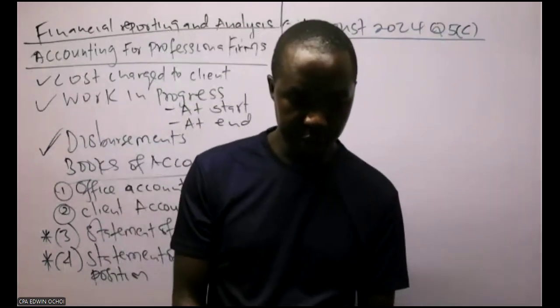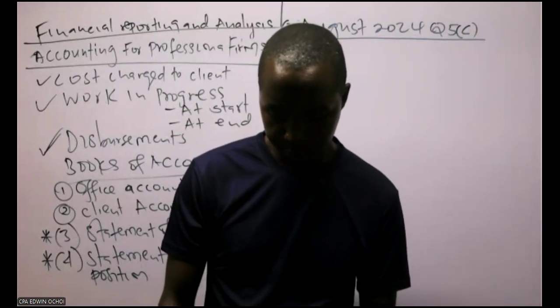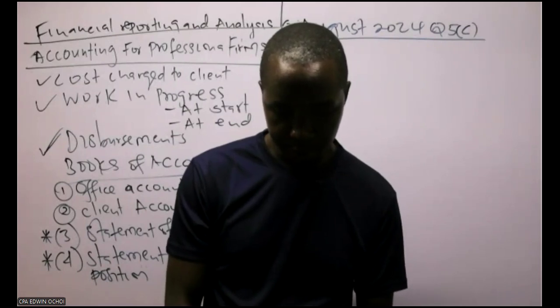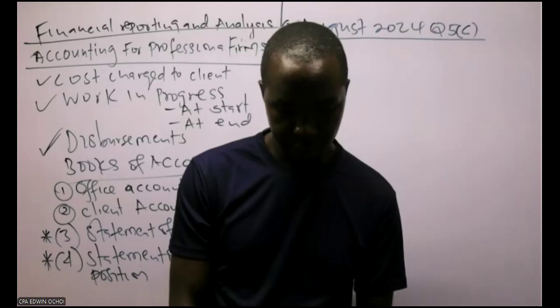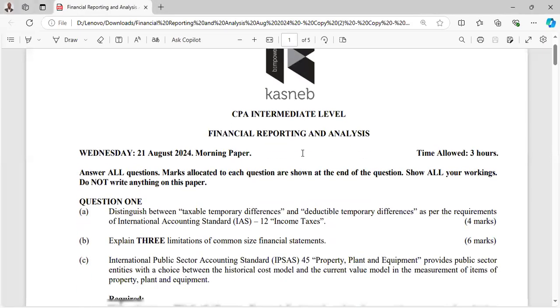Already you have the question. I shared it today morning, so I don't have to share it again. I remember very well I shared this question. So this was our sitting as paper.